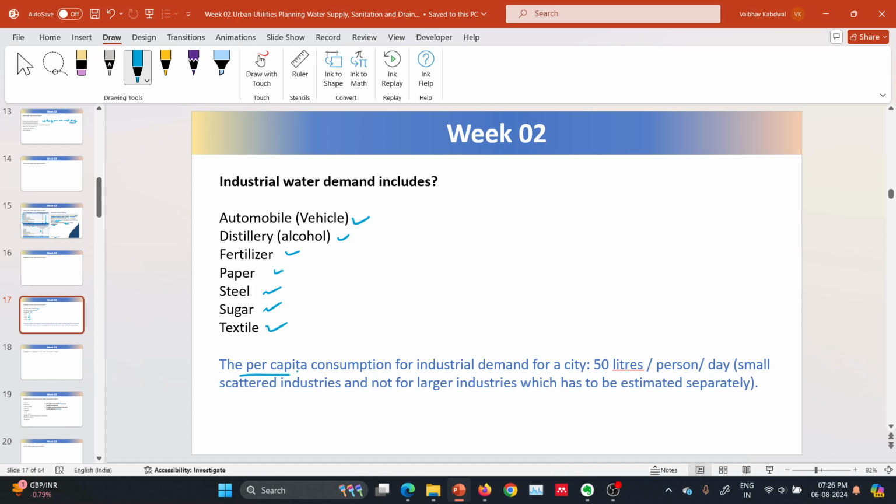So the per capita consumption for industrial demand of a city is 50 liter LPCD. It is based on the population of a city, 50 liters per person per day. This is for small scattered industries, but for the larger industries, which have to be estimated separately. So this data is on an average, but for larger industries, it should be estimated separately.